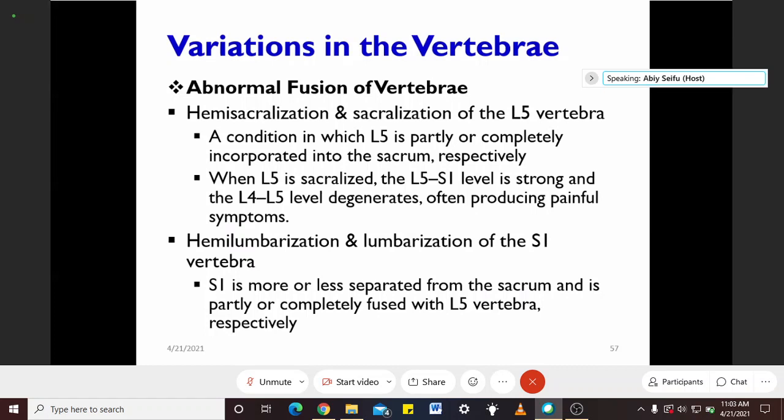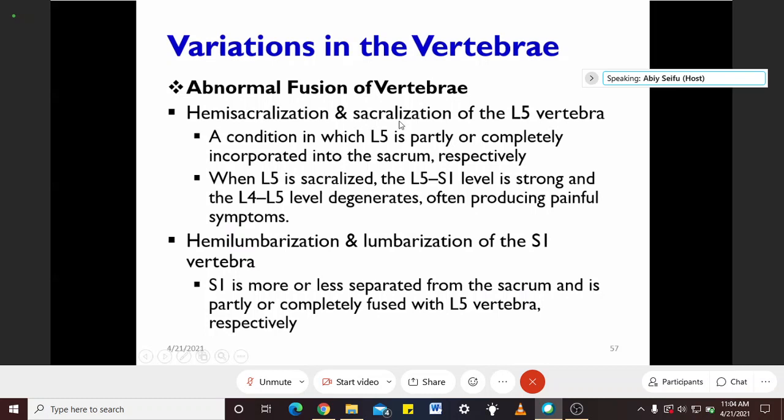And this lumbarization may be complete or hemilumbarization. If the sacral vertebra is separated completely from the other sacral vertebrae and fused with the lumbar, that is called complete, or simply lumbarization. If it is partial, it is called hemilumbarization. The same is true for hemisacralization and sacralization.